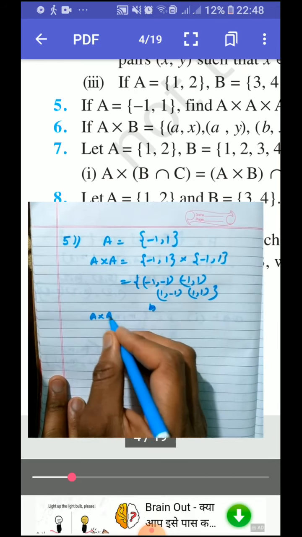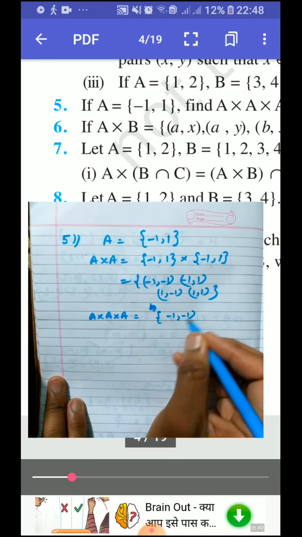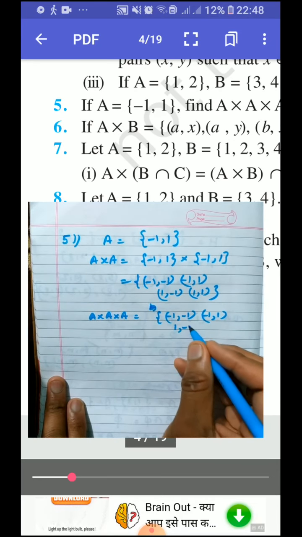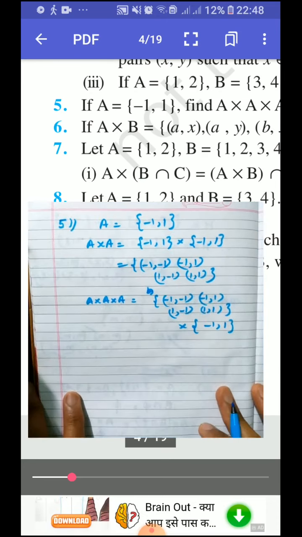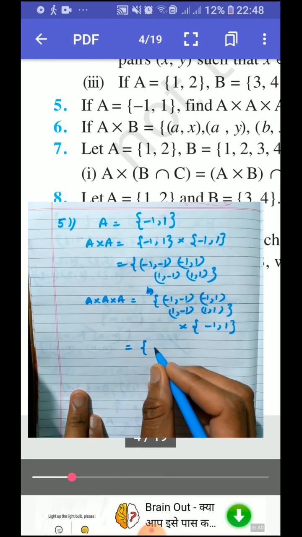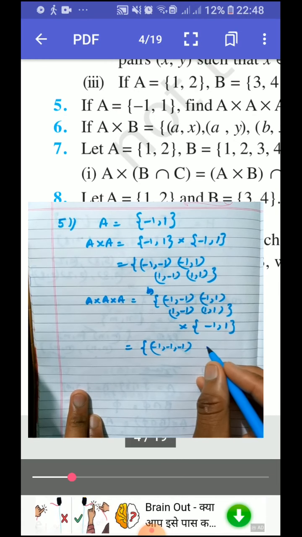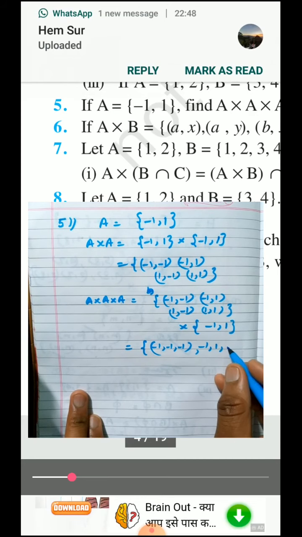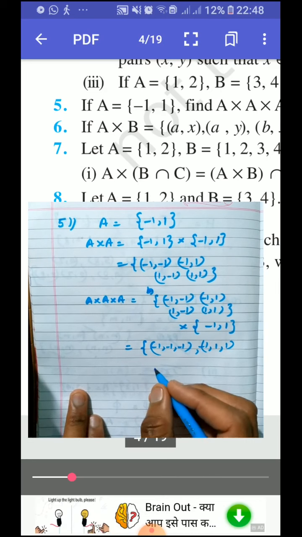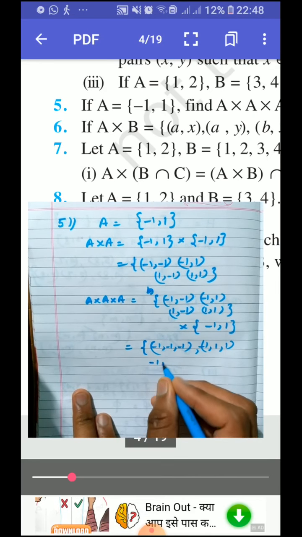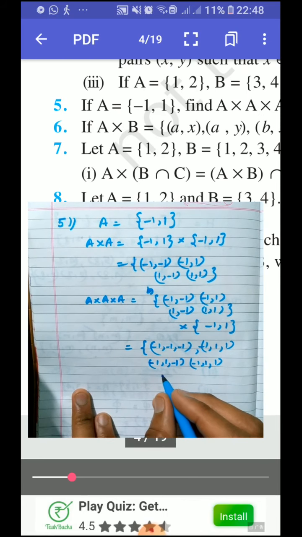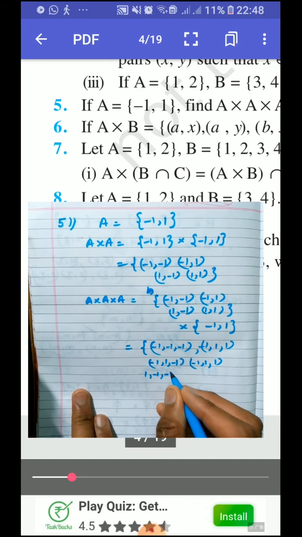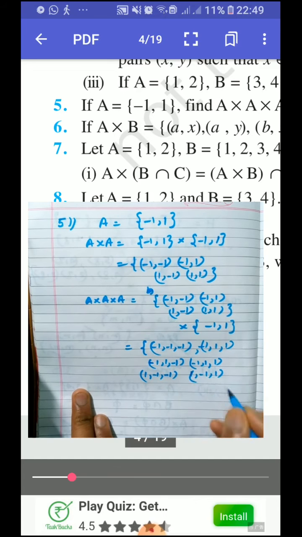Now A Cartesian A Cartesian A with {-1, 1} can be written as (-1, -1, -1), (-1, -1, 1), (-1, 1, -1), (-1, 1, 1), (1, -1, -1), (1, -1, 1), (1, 1, -1), (1, 1, 1).